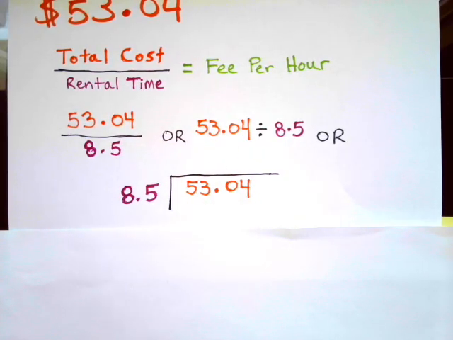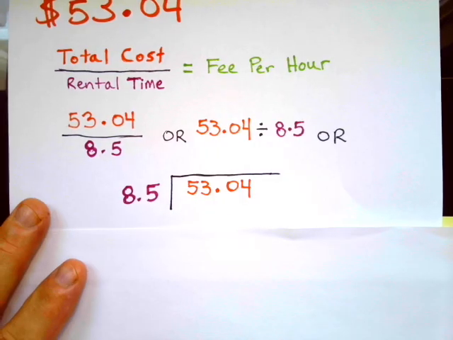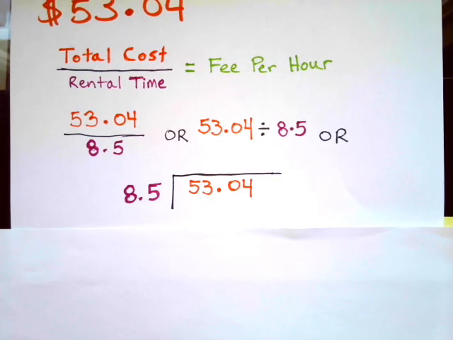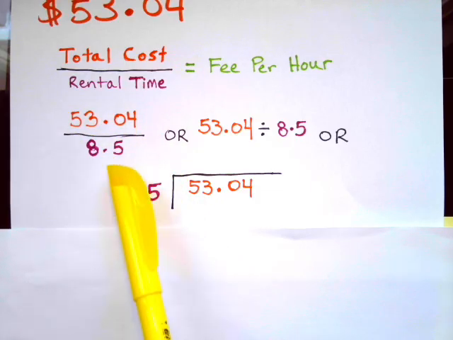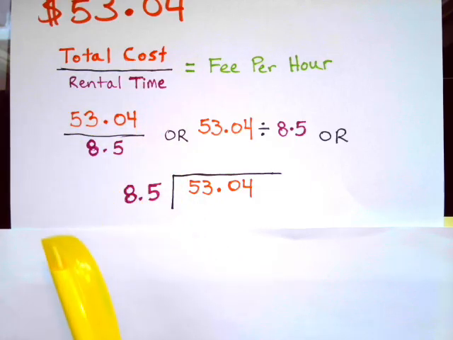Why? You're not allowed a calculator. If this was a problem where you were using a calculator, you could use this option here to punch into the calculator to get a quick value of the fee per hour. Or you could punch in this value divided by this value to give you the fee per hour.